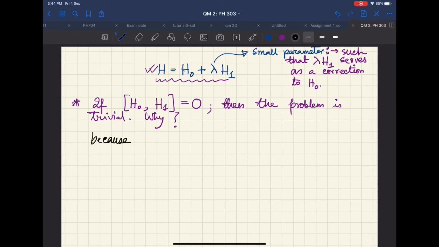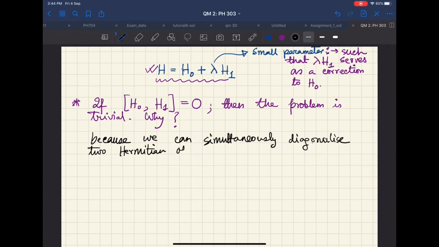We can simultaneously diagonalize two Hermitian observables represented by two Hermitian operators and find a set of common eigenvectors.